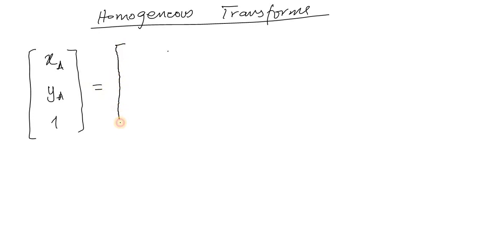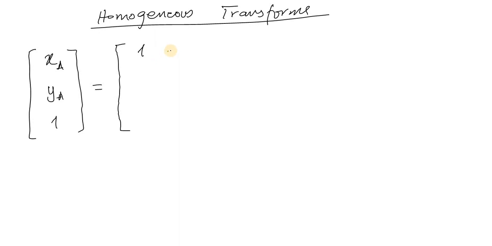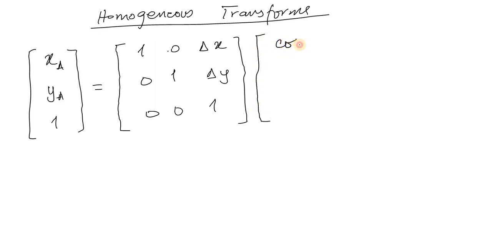Here we have your translation matrix, which is 1, 0, delta x, then 0, 1, delta y, and 0, 0, 1, and you multiply it with your rotation matrix, which is cosine theta, minus sine theta, 0, then sine theta, cosine theta, 0, and 0, 0, 1.